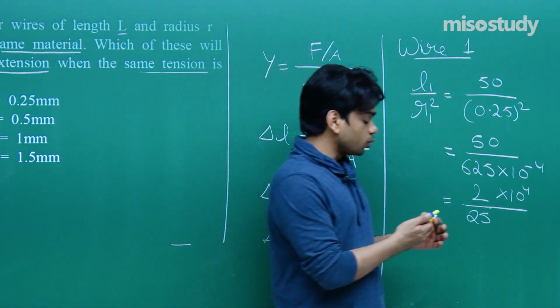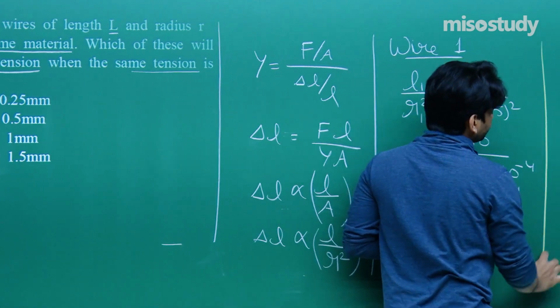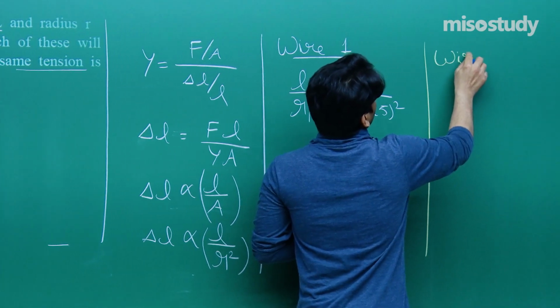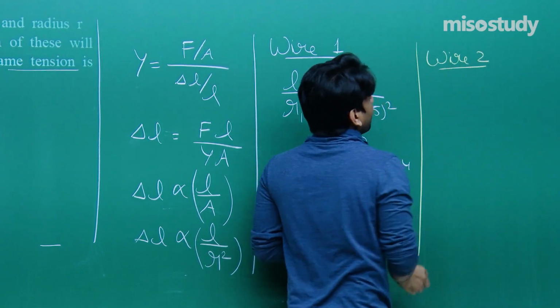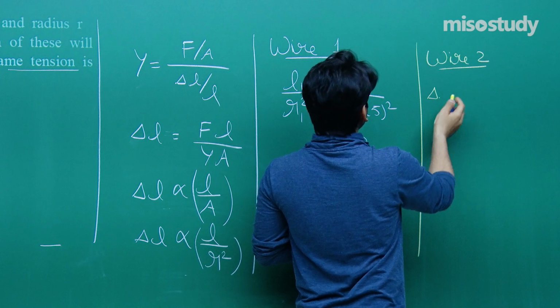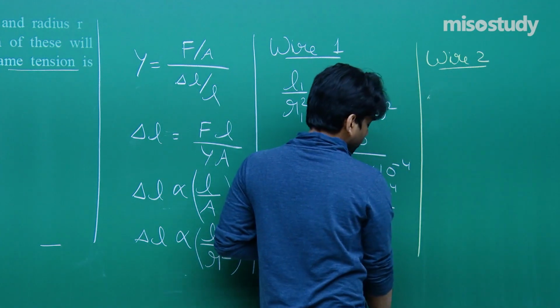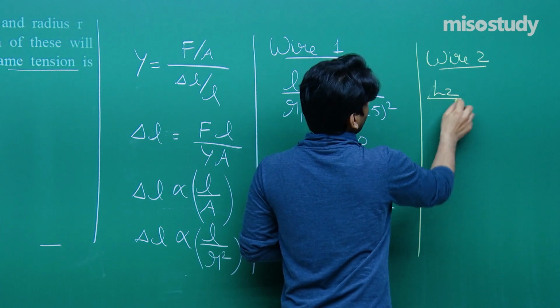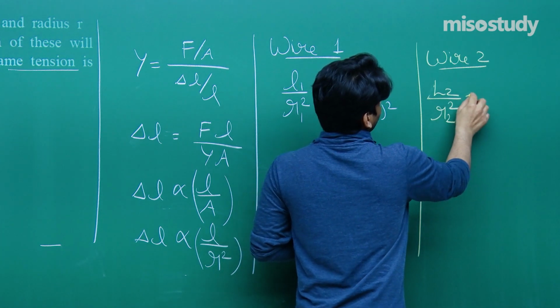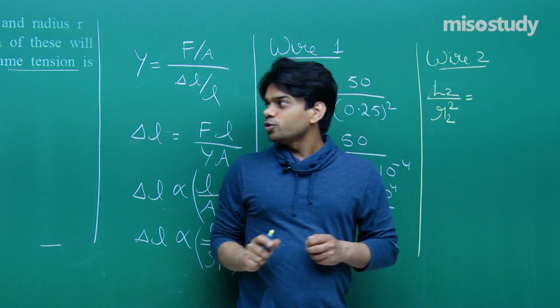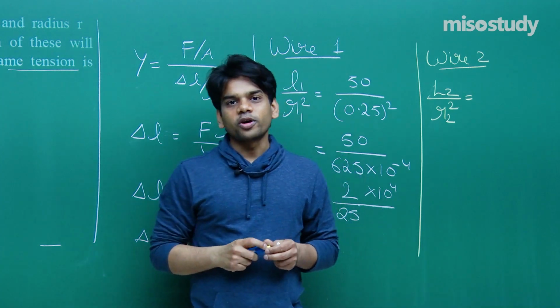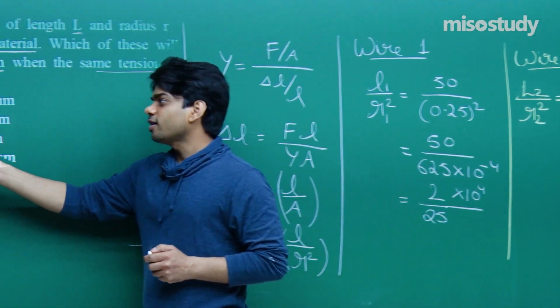Let's go to wire 2. For wire 2, length is given, we need to talk about delta L. So let me take the ratio L2 upon R2 whole square. See what this will turn out to be. L2 is given as 100 and R is given as 0.5. You can check the given data.